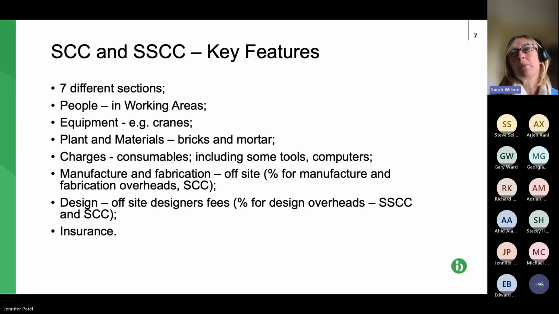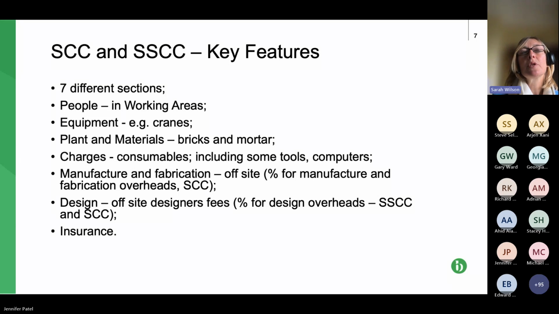The 4th one, so remember 4 in NEC 4 is subcontractors, which is pretty self-explanatory. But the 4th one here in NEC 3 is charges. So it's sort of a miscellaneous sector, but it includes consumables, things like statutory authority fees.